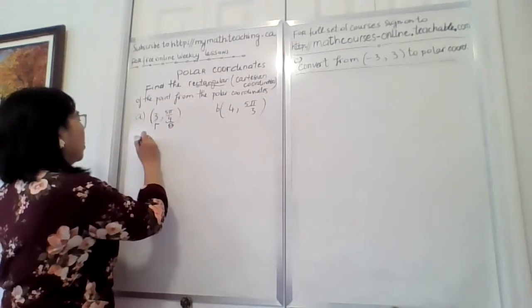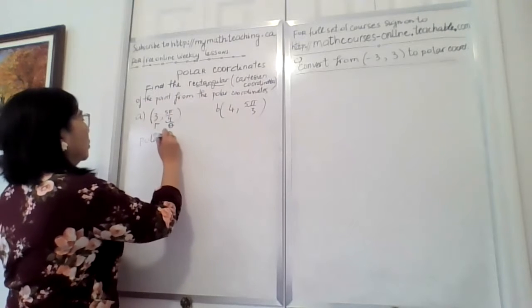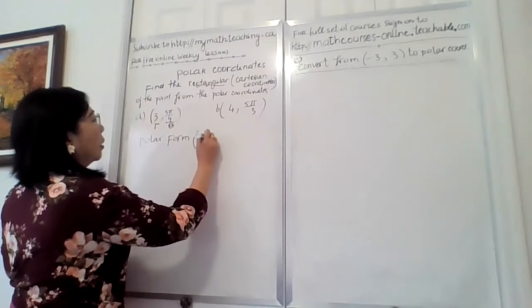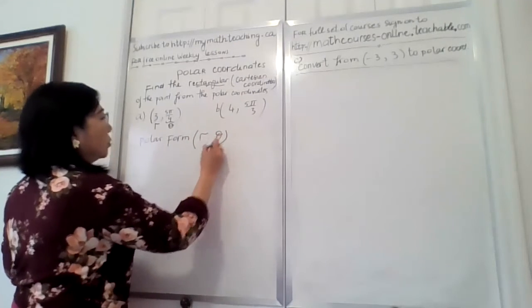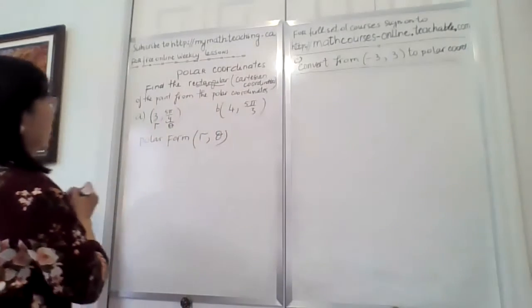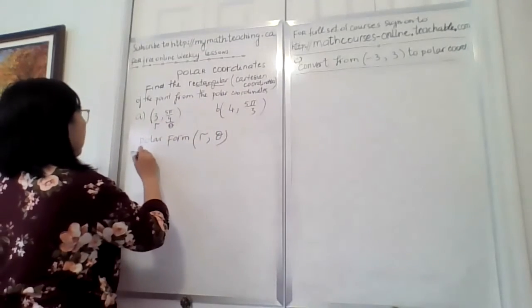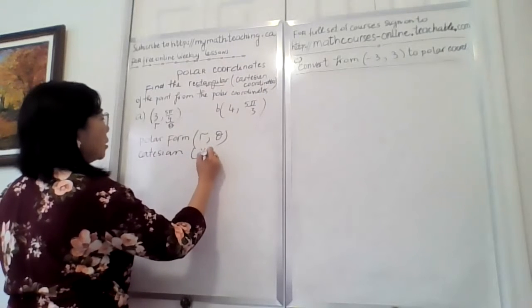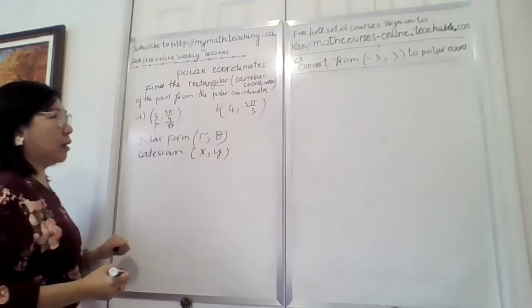The polar form is in terms of the radius and the angle theta. Now, the Cartesian form is just the normal form of x and y coordinates you have learned so far.